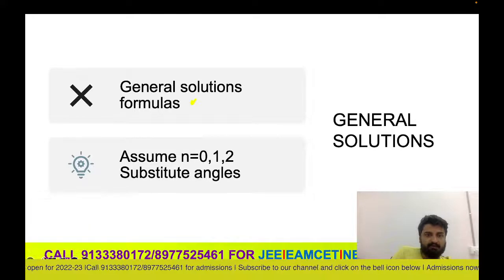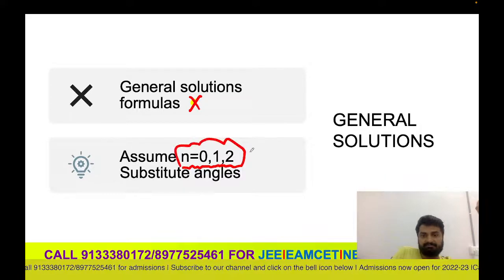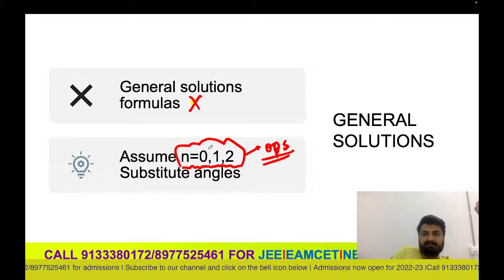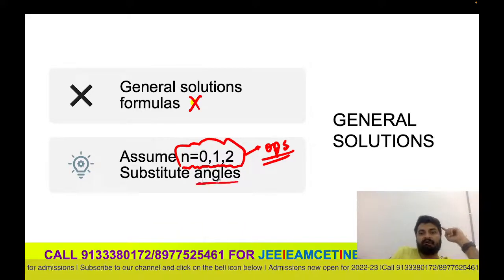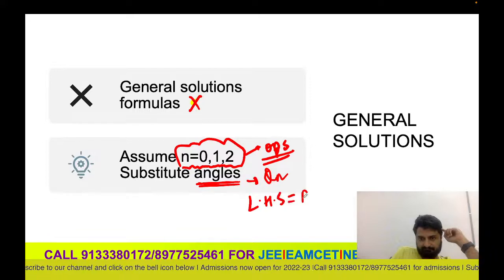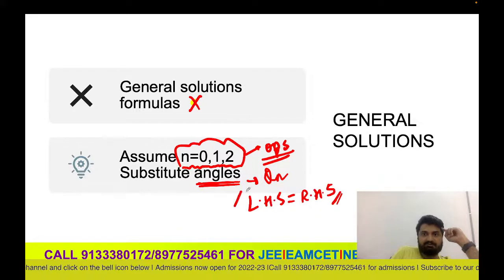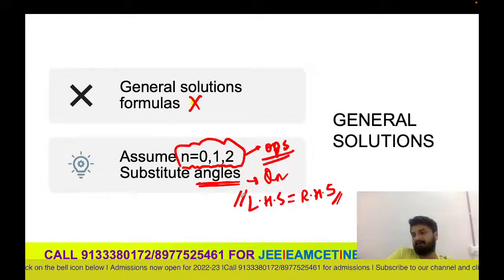All we are doing is, whenever an equation is given, in the options we are substituting n equal to 0, 1 or 2, making it into an absolute angle, substituting that in the question, and checking whether LHS is equal to RHS. This is what is expected from you in general solutions.